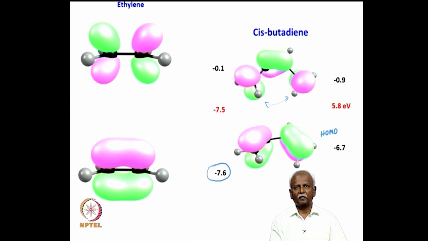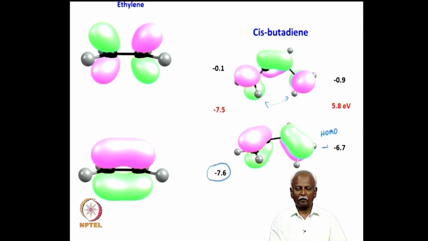What this means is, the 2 electrons which are lying in the HOMO can be donated to the metal more readily than the electrons on an ethylene. So, butadiene would in principle be a better donor. Not only does it have 2 pi bonds to donate electron density to the metal, it is also able to donate it more effectively because of the higher lying HOMO.